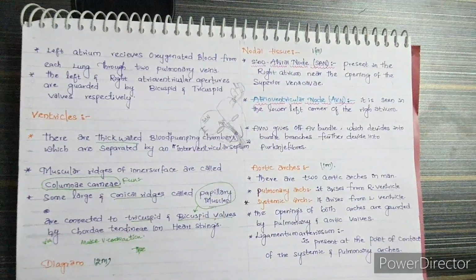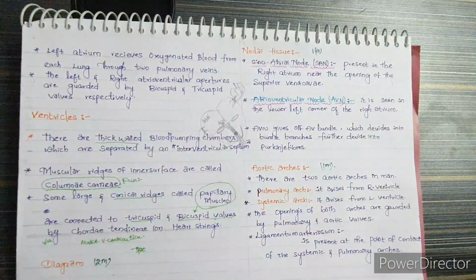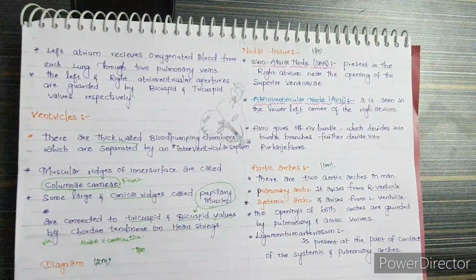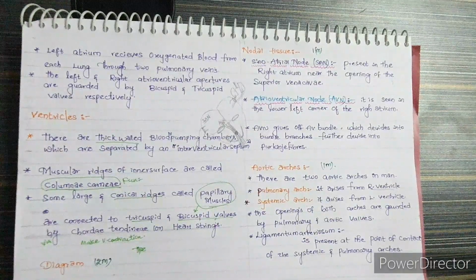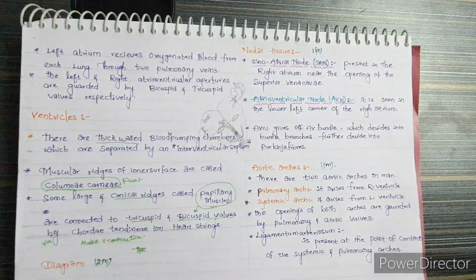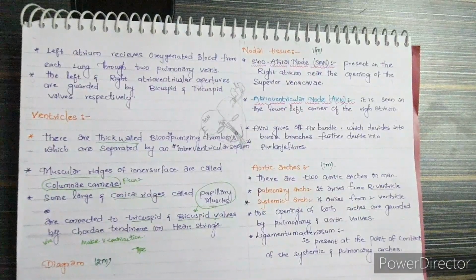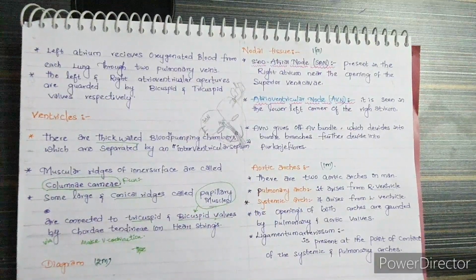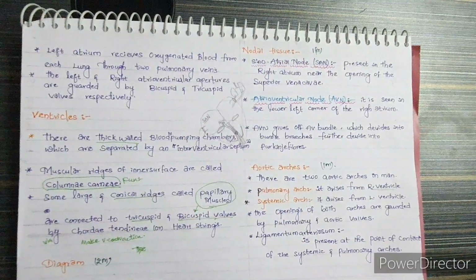Label the parts, everything about the heart. If you practice it at least 5 to 6 times, you will be perfect in drawing that diagram. So be well prepared about this diagram.